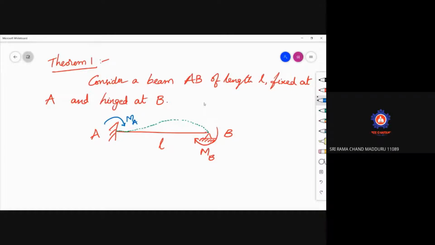The moment MB induces a moment of MA at A. So we are considering that. Along with me, you should also draw all these things.